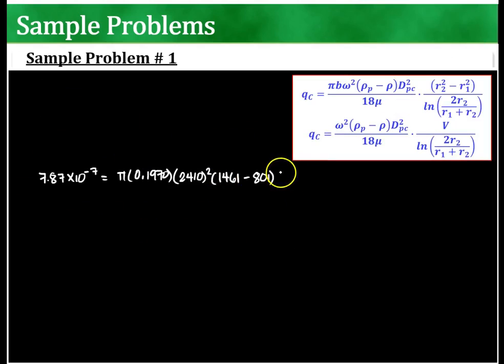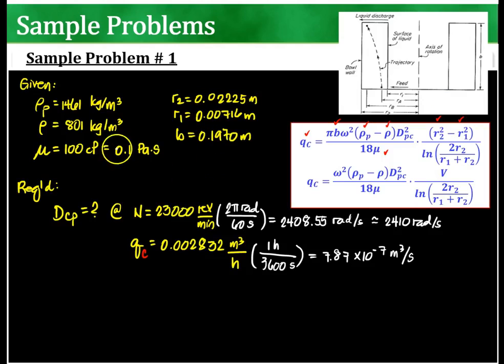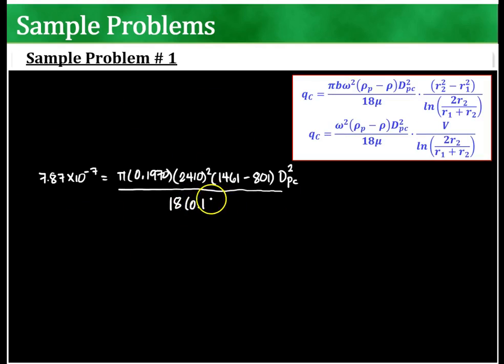And then next is dp c squared all over 18 mu. This is already in Pascal second. 0.1 Pascal second is kilogram per meter second.